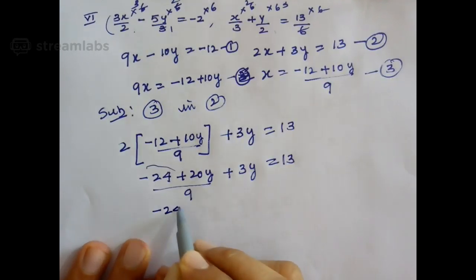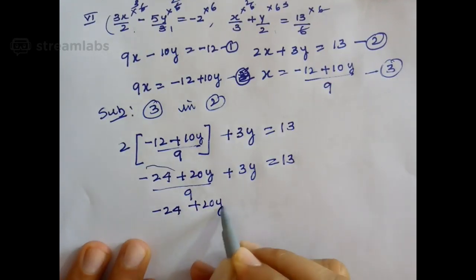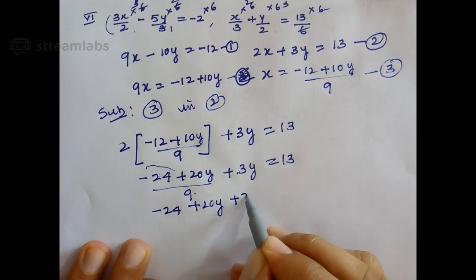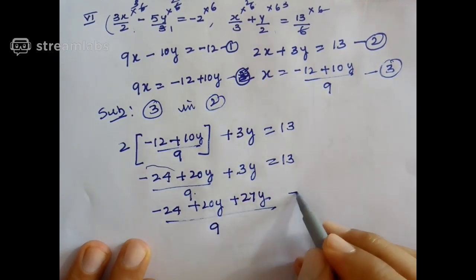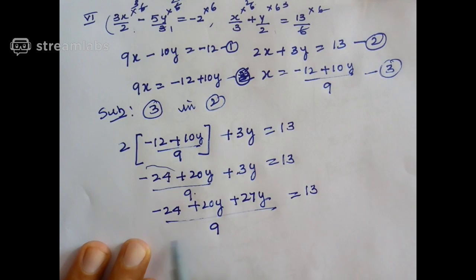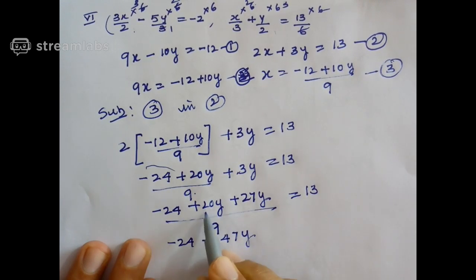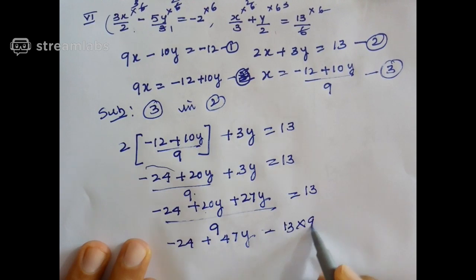That is minus 24 plus 20y plus 9 3s are 27y by 9 is equal to 13. That is how much? Minus 24 plus 47y, 20 plus 27, is equal to 13 into 9.